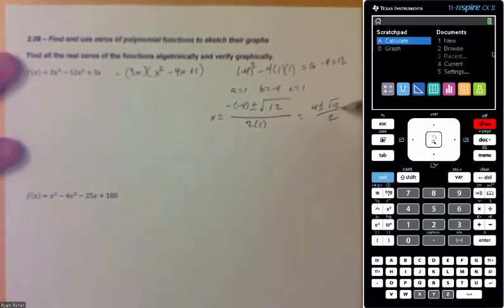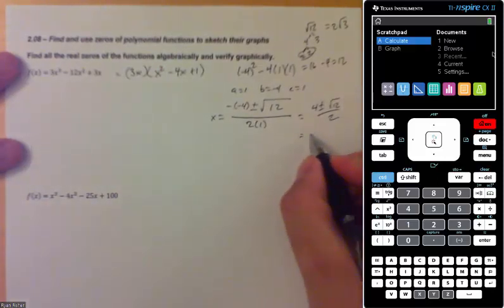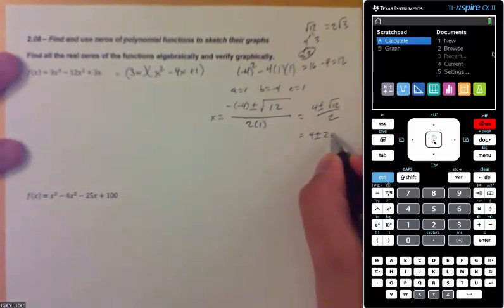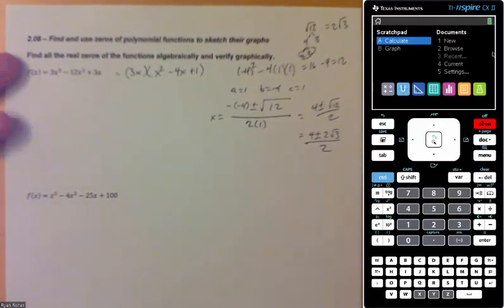It turns out 12 is 4 times 3, and the square root of 4 is 2. That means the square root of 12 is 2 square roots of 3. So this is 4 plus or minus 2 square roots of 3 over 2.